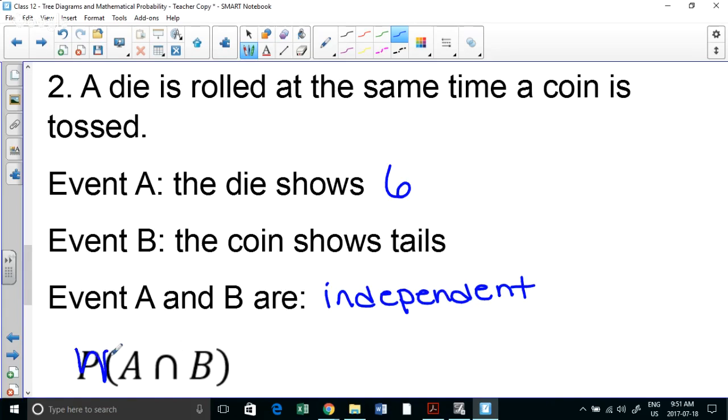Because the two events, I roll a die and I flip a coin and I look. The fact that I get a 6 has nothing to do with the fact that I get tails. Nothing to do with each other.